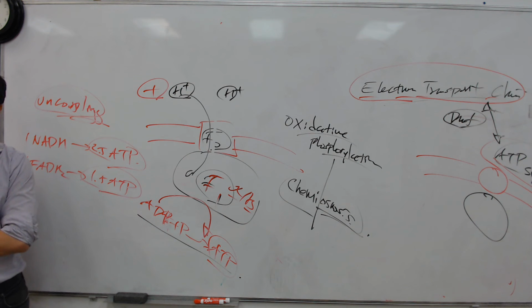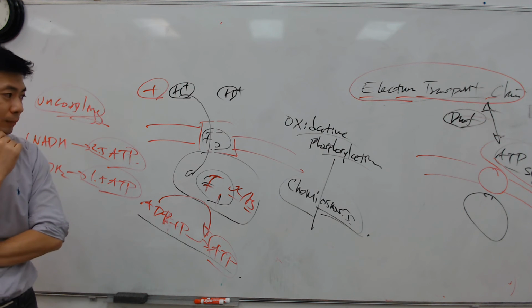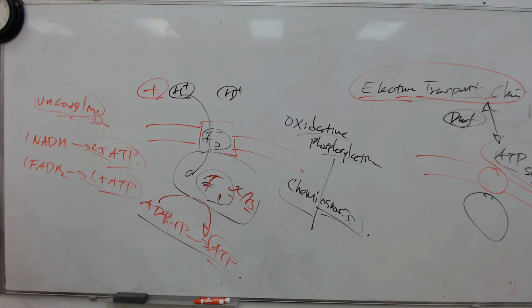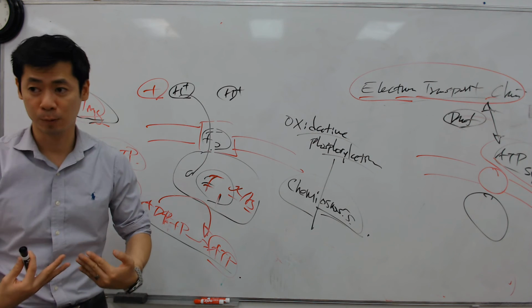Remove the proton motive force. How? By pushing more protons in beforehand. My logical thing, very good. So a lot of H plus got pushed out, right?